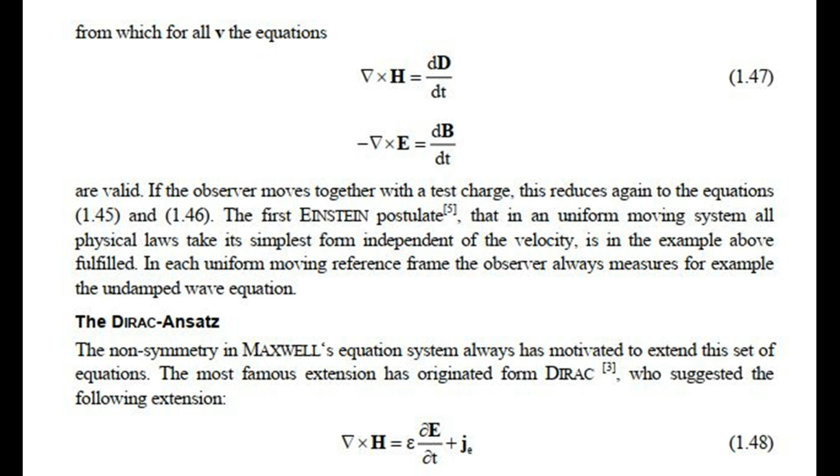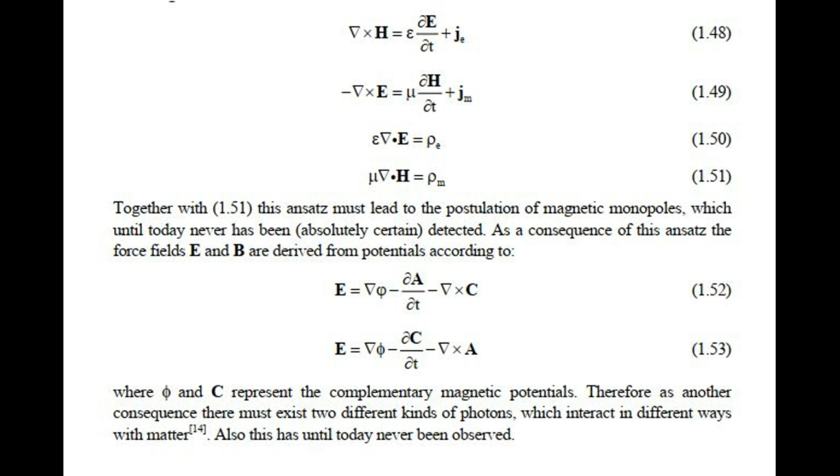The Dirac ansatz. The non-symmetry in Maxwell's equation system always has motivated to extend the set of equations. The most famous extension has originated from Dirac, who suggested the following extension. Together with 1.51, this ansatz must lead to the postulation of magnetic monopoles, which until today have never been absolutely certainly detected.